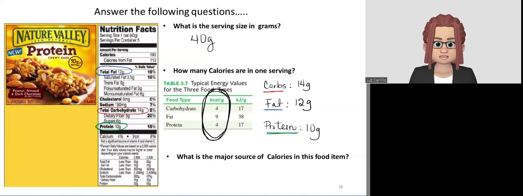And remember that we're going to be obtaining the result of taking this number, multiplying it by 4, taking this number and multiplying it by 9, and this number and multiplying it by 4 and seeing what is the result. The one that has the largest value is your major source of calories in this food item.